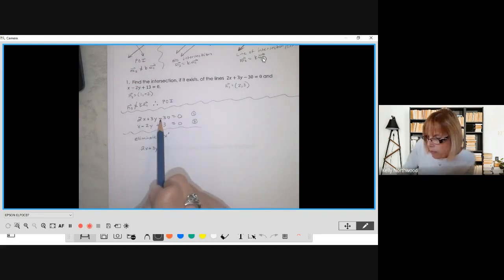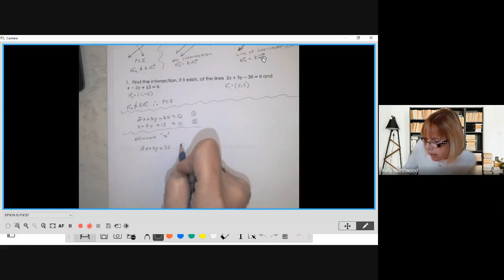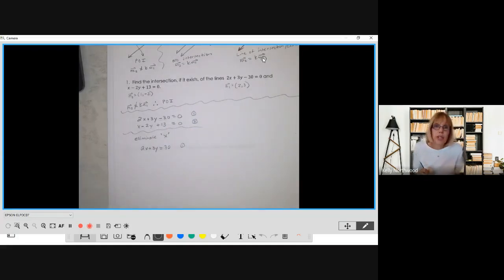So if I think about, I want this negative 30 to be on the other side of the equals, I would add 30 to both sides. So I'm just changing how that equation looks. I added 30 to both sides, and now I've got my variables with their coefficients on one side, and my constant on the other side.